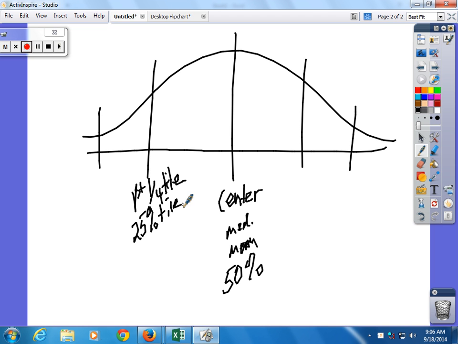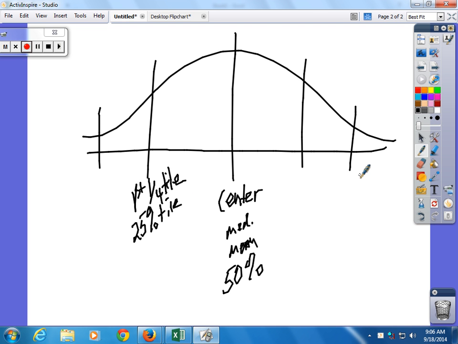Well, it's technically from here down here, because this is technically 0 down here. But we don't usually worry about this because it's 0.025.